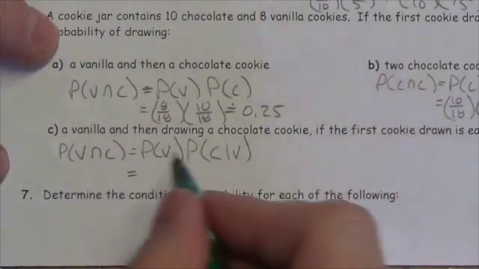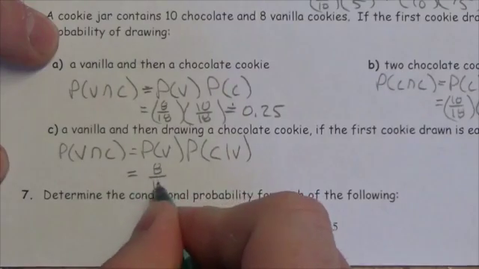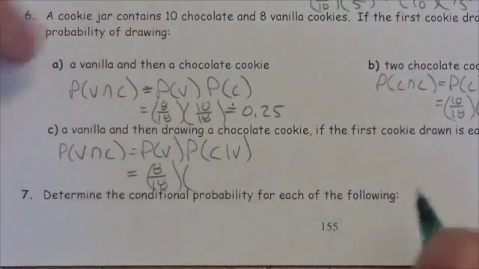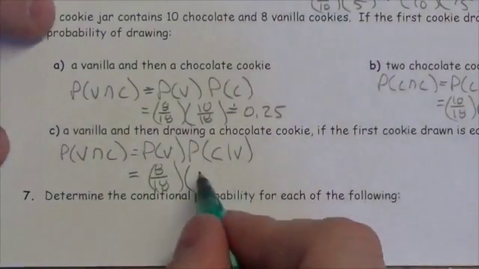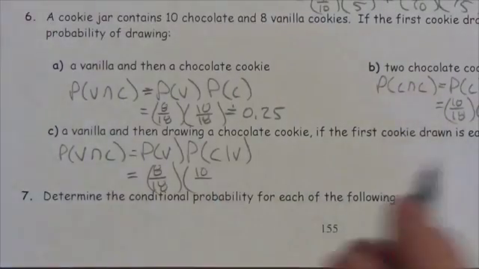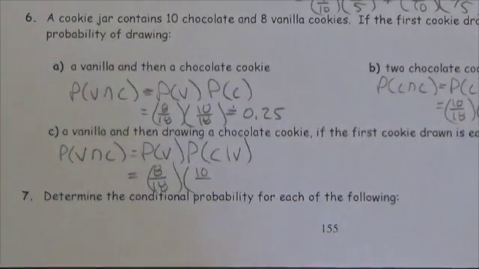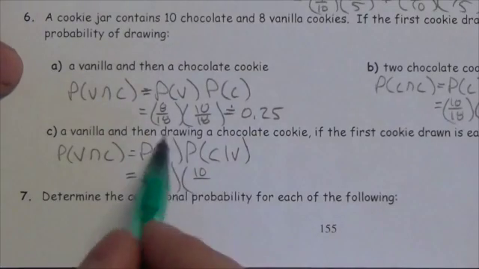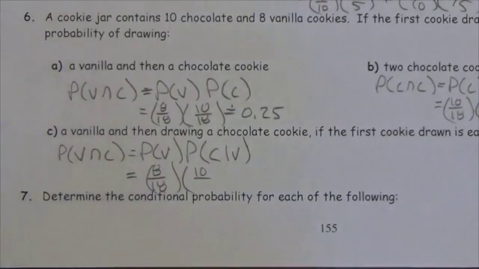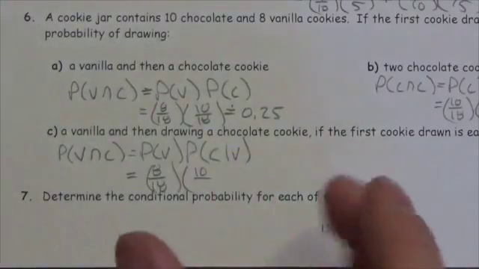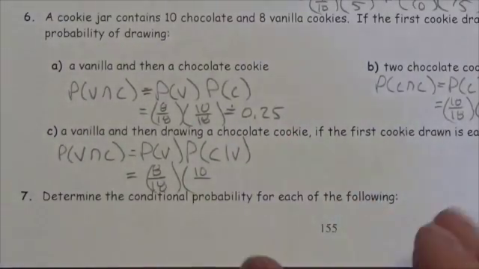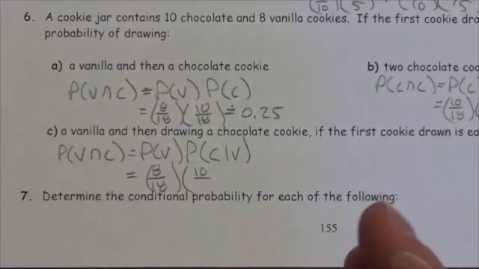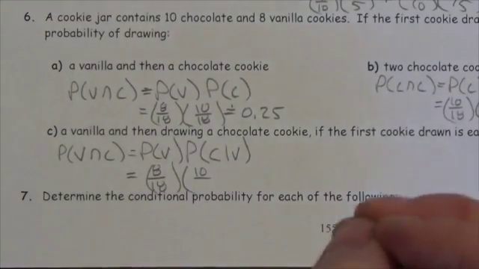So the probability of getting a vanilla here is 8 out of 18. The probability of getting a chocolate is going to be 10, because remember, in these situations you always assume success. Don't look at this and think, well, what if I didn't get a chocolate in the first step? No, no, no. When you discuss probabilities like this, you're always assuming success. You're looking for the probability of the successful event.